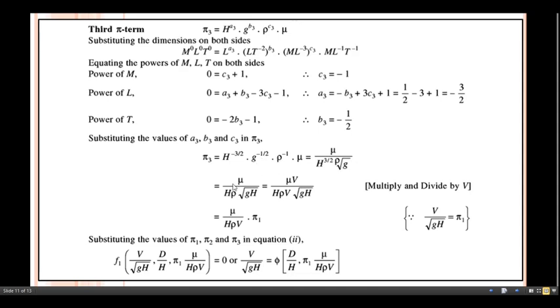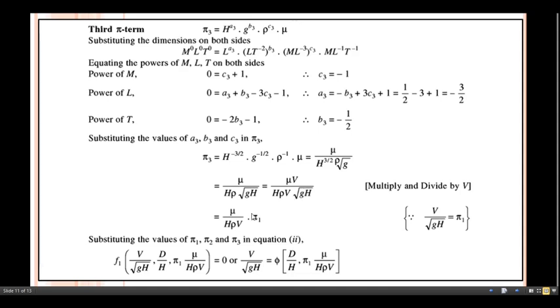In the next step, mu divided by this term, we multiply and divide by v. So what we get is mu into v divided by h into rho into v, times v divided by the square root of g into h. So we can get that term.